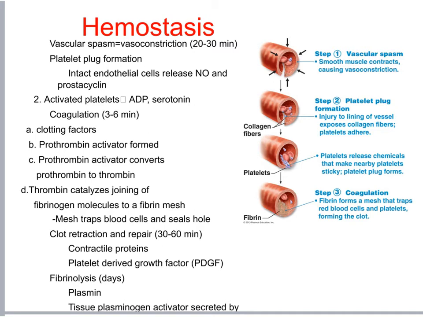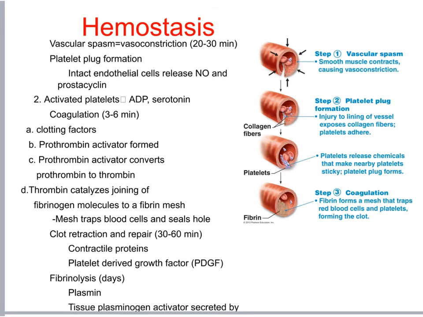In addition, they start to release chemical messengers called ADP, or adenosine diphosphate, and serotonin and thromboxane A2. Adenosine diphosphate is an aggregating agent that causes more platelets to stick to the area and release their contents. And serotonin and thromboxane A2 are little messengers that enhance vascular spasm and also platelet aggregation.